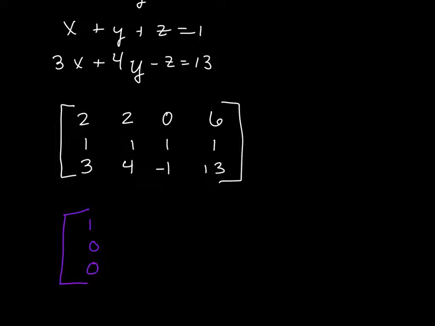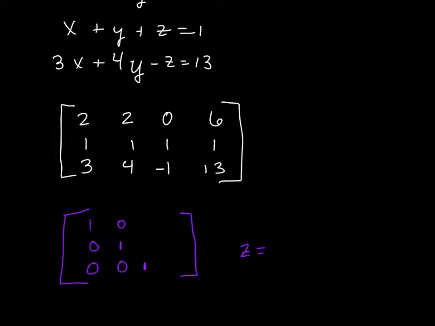Then step 2 is to turn this next place into a 1, and then go above it and below it to turn those into 0. And the next piece here, turn this into a 1. Once we have that, we will get that value and we'll know what z is.